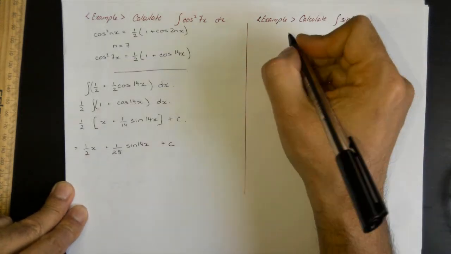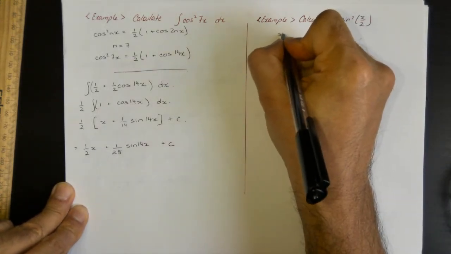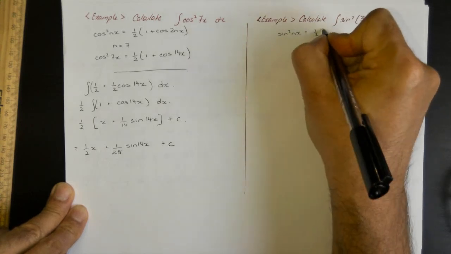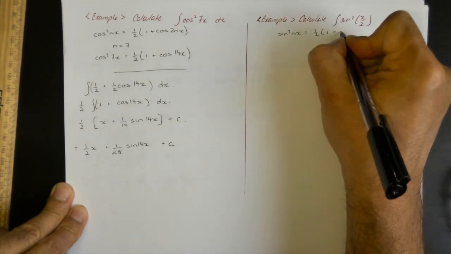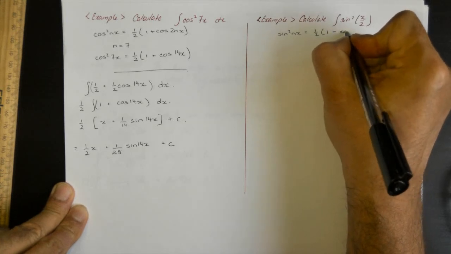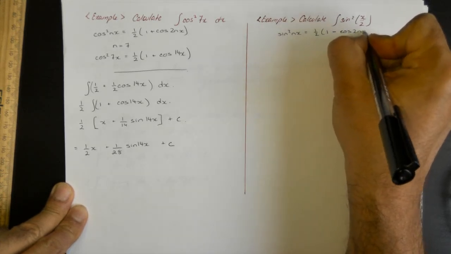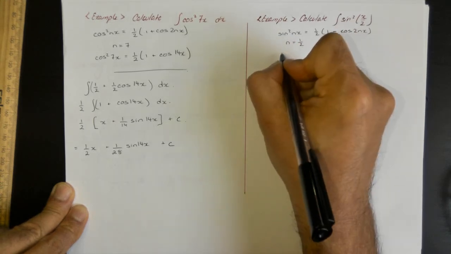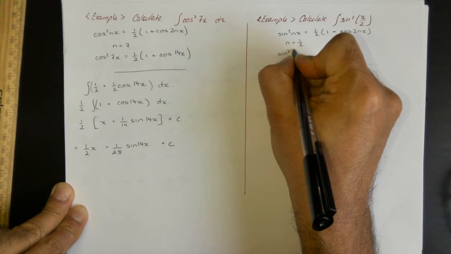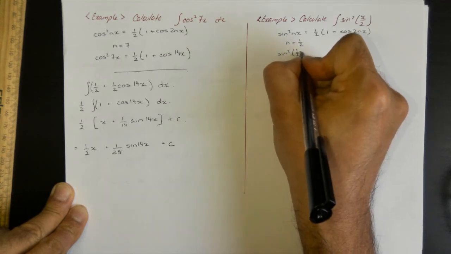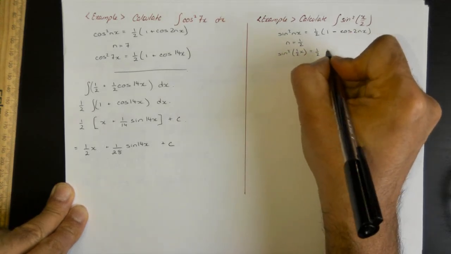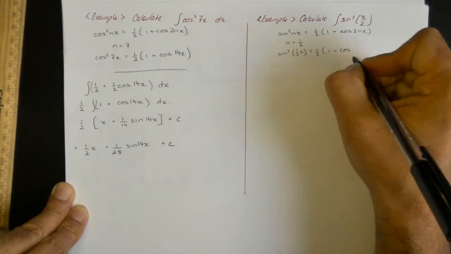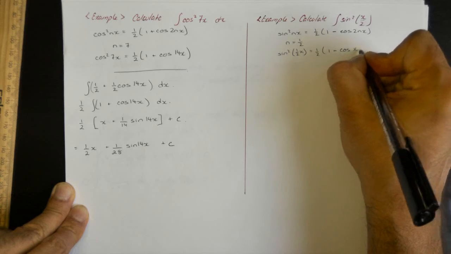Alright, so using sine squared nx equals a half of 1 minus cos 2nx, n in this situation is going to be a half. So sine squared of a half x equals a half of 1 minus cos, 2 lots of a half is 1, so cos x.